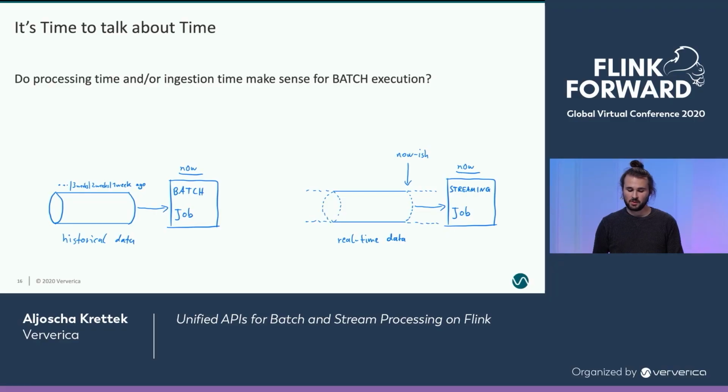Because if the batch job checks what is the time, then the time is now. And in the data, you actually have timestamps from three weeks ago. So very different. So we said it doesn't really make sense to use processing time with batch processing.